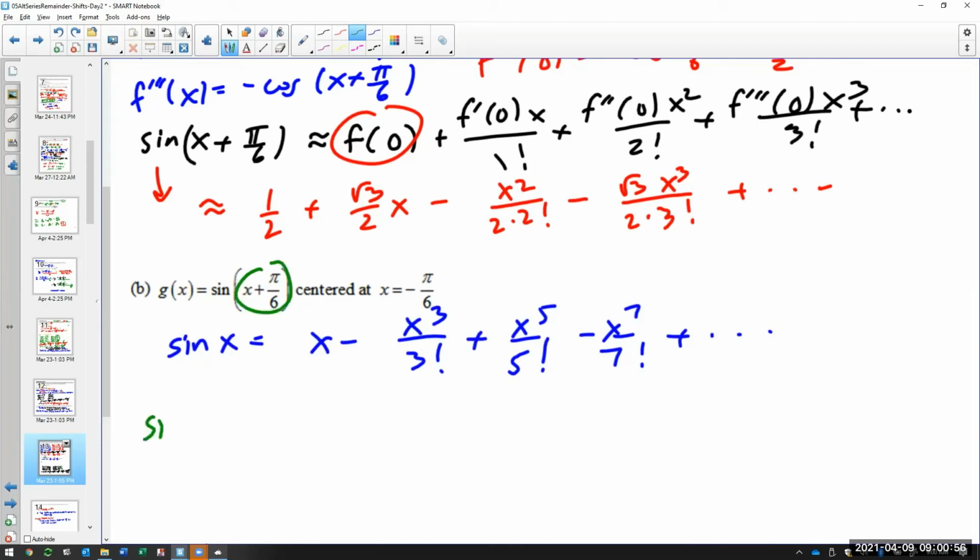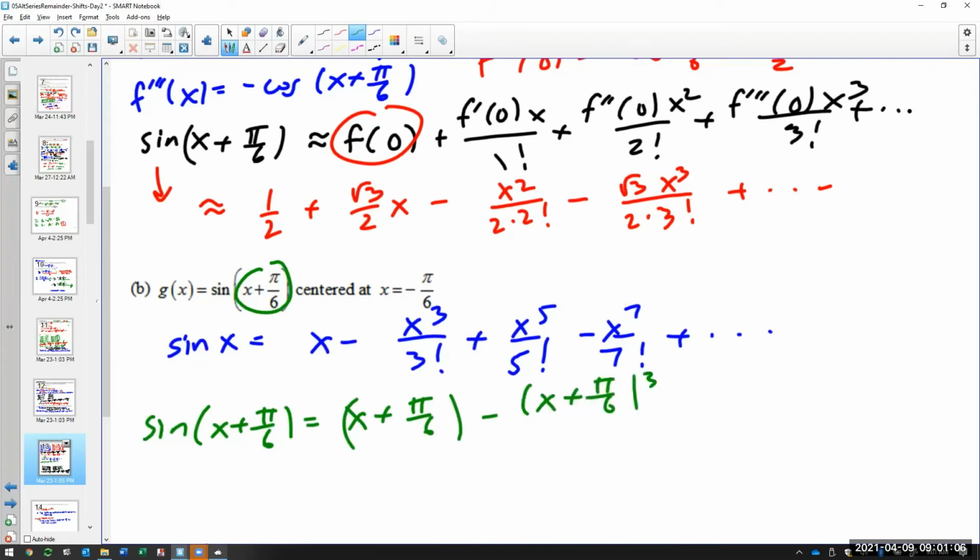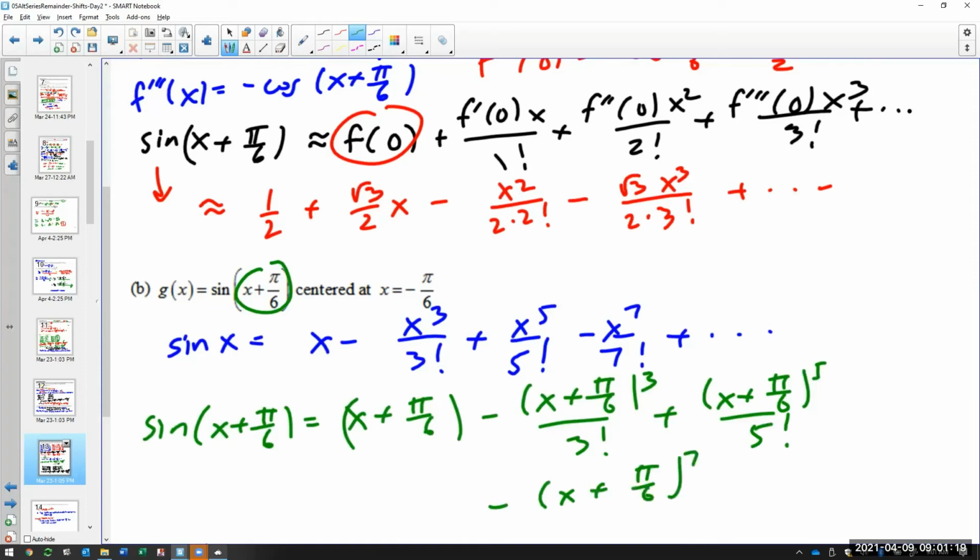So this would be sine of x plus pi over 6 is equal to x plus pi over 6 minus x plus pi over 6 raised to the third power over 3 factorial plus x plus pi over 6 raised to the fifth over 5 factorial minus x plus pi over 6 raised to the 7 over 7 factorial plus dot, dot, dot. 1, 2, 3, 4 terms, okay?